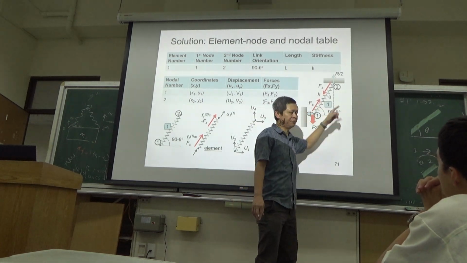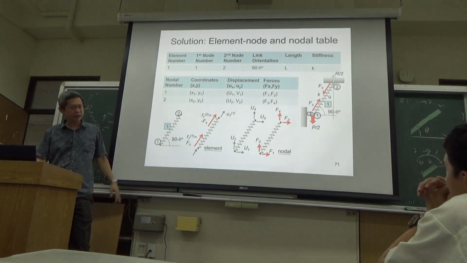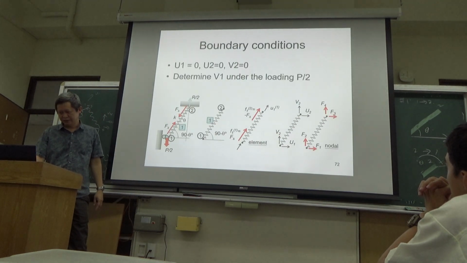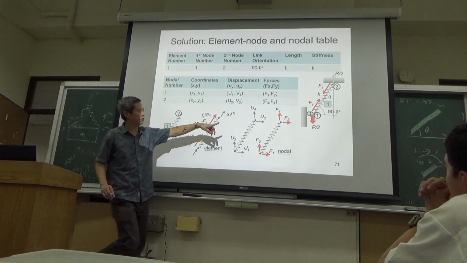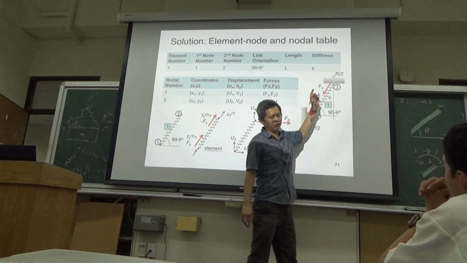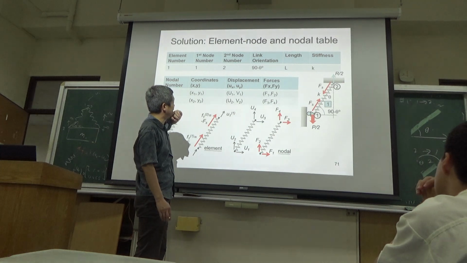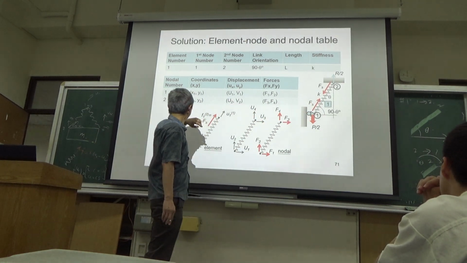You use 90 degrees minus theta because your convention is the angle above the x-axis. And then next, define the orientation. From node 1 to node 2, that's the orientation. Okay? And the angle is 90 degrees minus theta. It has a length of L, stiffness of K.